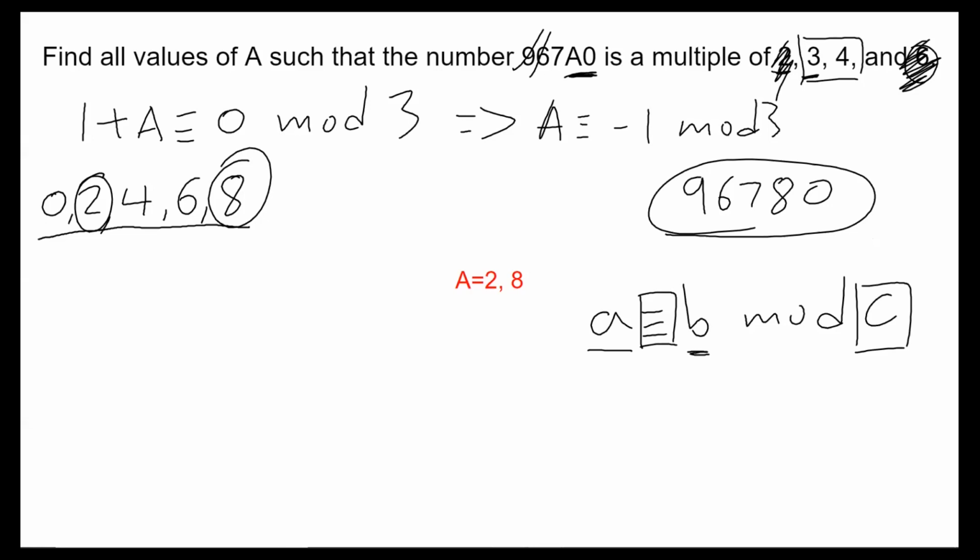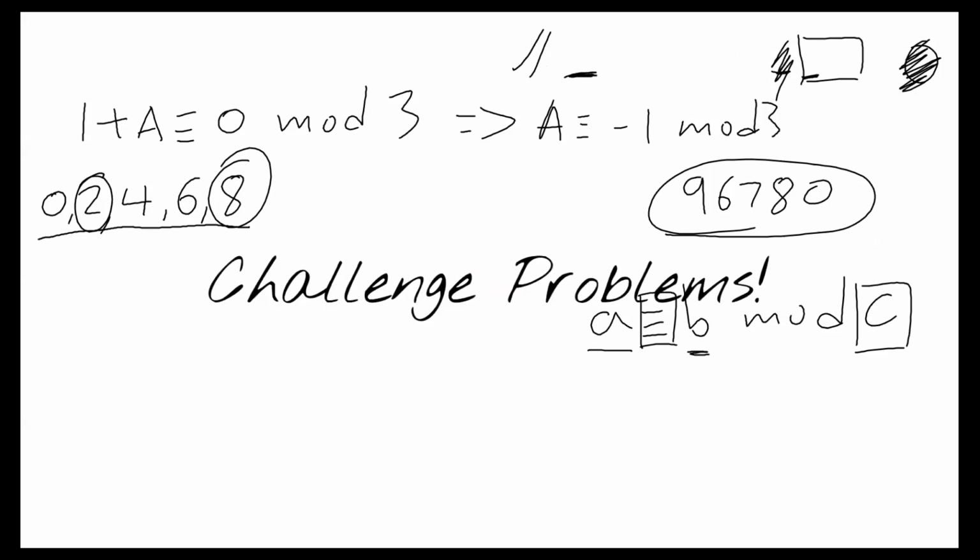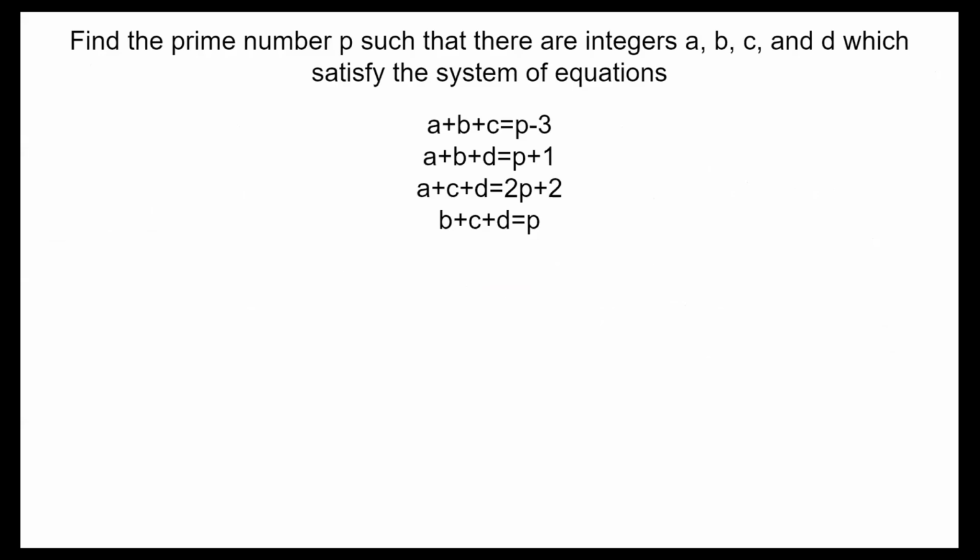Okay, so we're almost out of time. So we have one challenge problem here. Find the prime number P such that there are integers A, B, C, and D which satisfy the following system of equations. Okay, so you guys have a minute to do this.